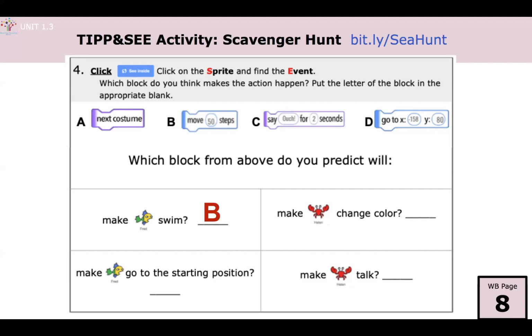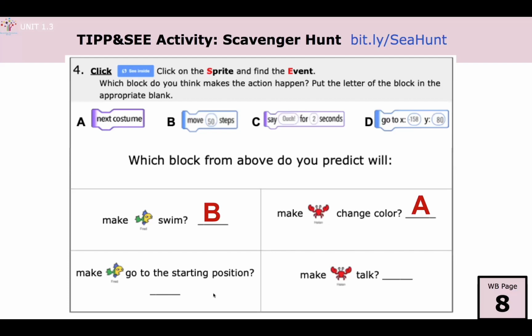Block B, which is move 50 steps. Which block did you predict would make Helen change color? Correct. Block A, next costume, because Helen's costumes were Helen, but all different colors.